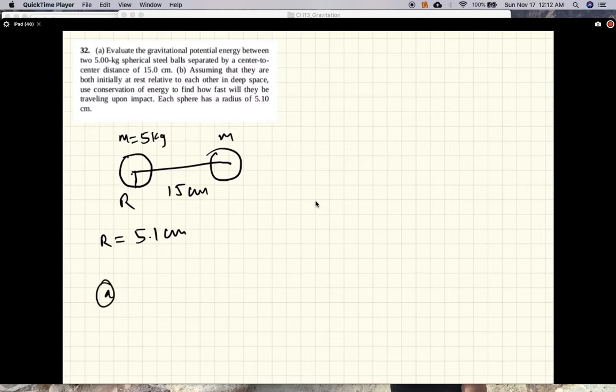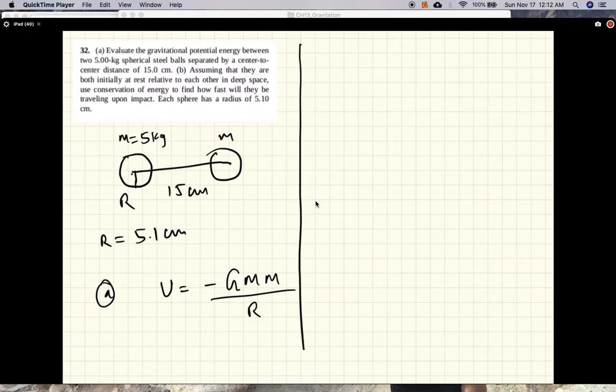Okay, so the potential energy between the two is given by U is minus G M M, the product of their masses, divided by R. So let's evaluate this.